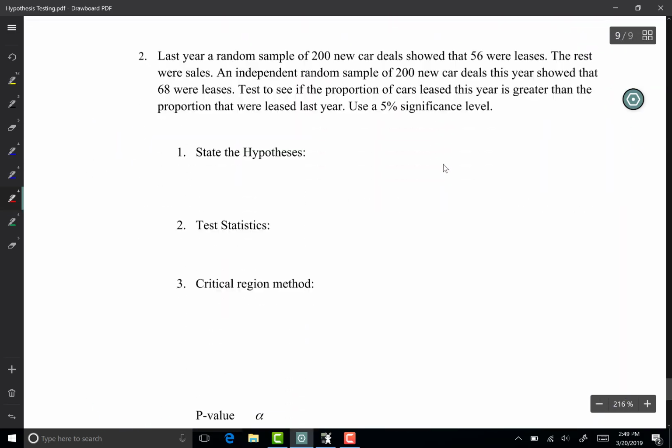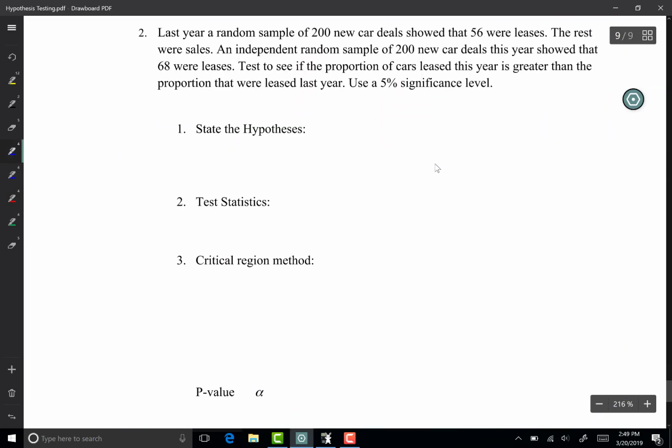Last year, a random sample of 200 new car deals showed that 56 were leases. The rest were sales. An independent random sample of 200 new car deals this year showed that 68 were leases. Test to see if the proportion of cars leased this year is greater than the proportion that were leased last year.